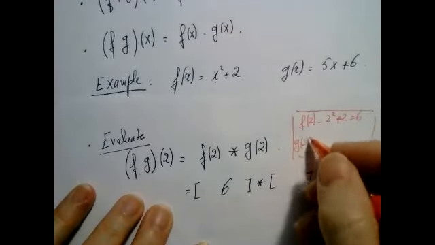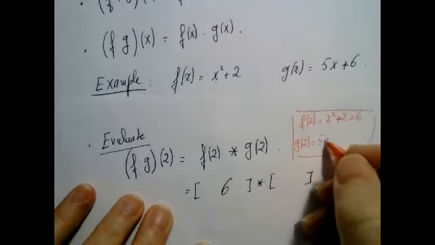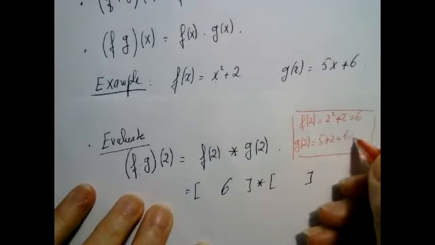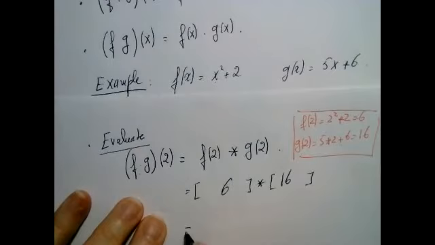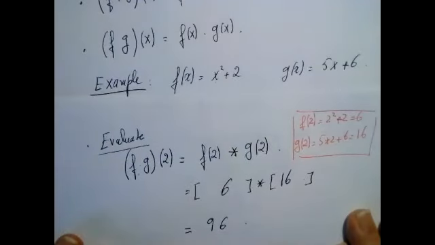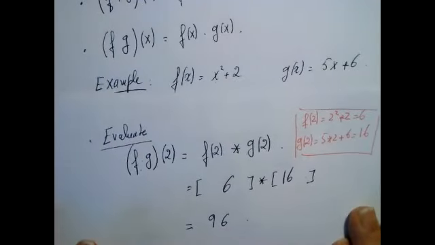And g of 2 is 5 times 2 plus 6, which is 16. But now, since I have a product, it's 6 times 16. And I just multiply them. 6 times 6 is 36, 6 times 1 is 6, which gives me 96. Okay.